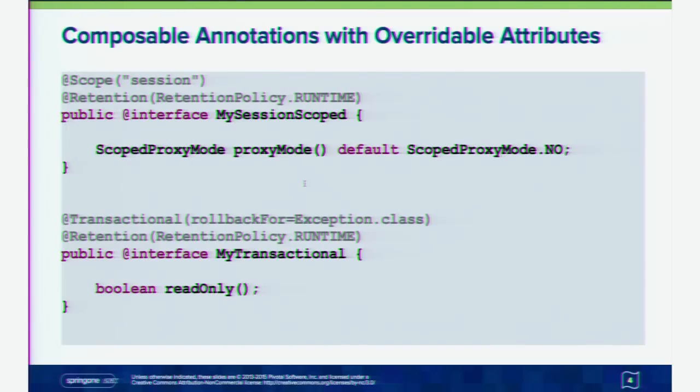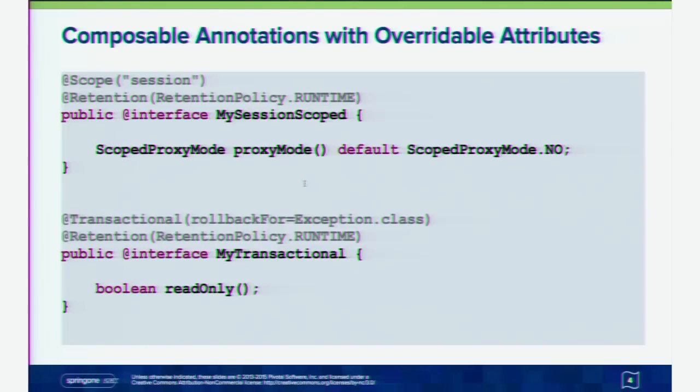And it's not just saying @Scope("session"), being meta-annotated, kind of hard-coding this scope name, which is a value in its own right, because when you use @MySessionScoped, you don't have to give a string name for the scope name anymore. The scope name is hard-coded in the meta-annotation. You can't get it wrong, right? It's a type-safe way of saying I want session scope.